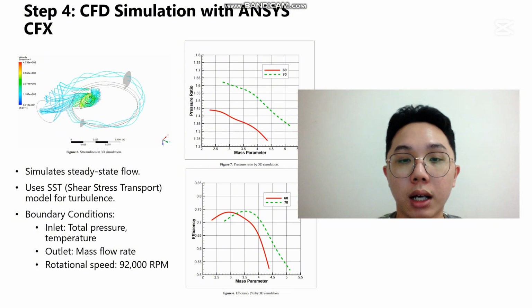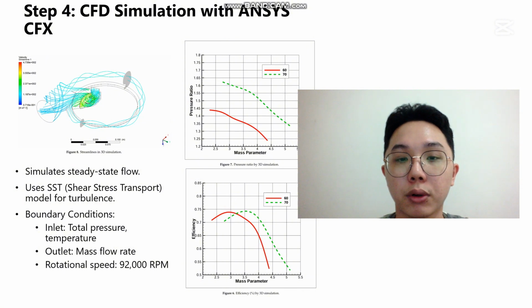The mass flow rate at the outlet set at 0.28 kg per second and rotational speed fixed at 92,000 rotations per minute. The turbulence is modeled using the shear stress transport model, which combines the k-omega and k-epsilon models to handle both near-wall and free stream regions.